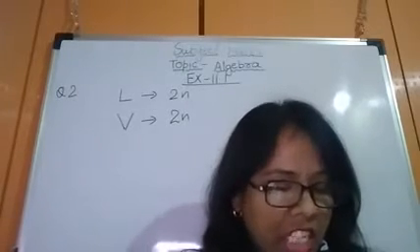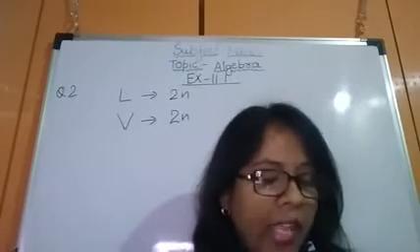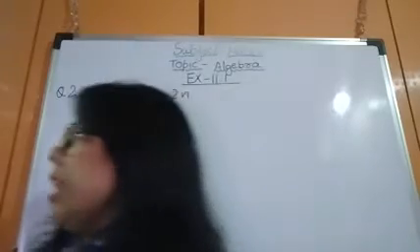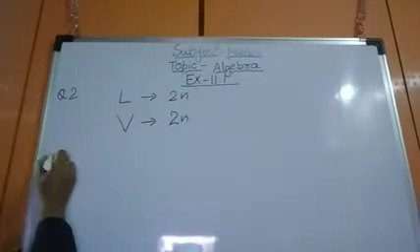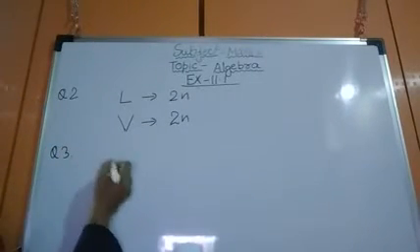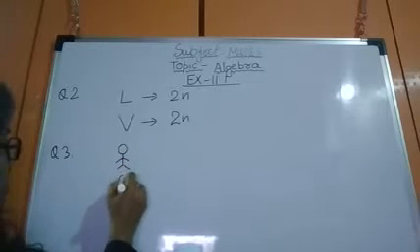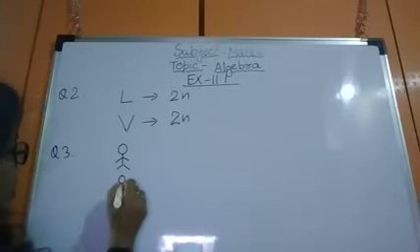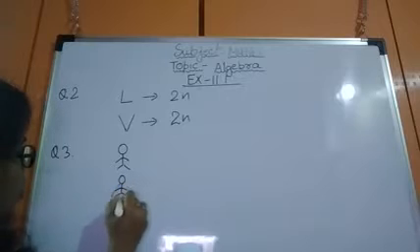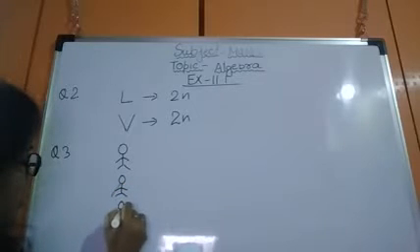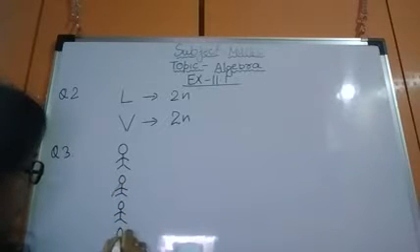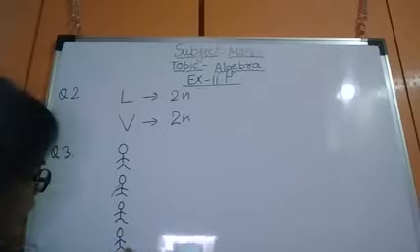Cadets are marching in a parade. There are 5 cadets in a row. In a row, how many cadets are there? Question number 3. In a row, 5 cadets are there. 1, this is 2, this is 3, this is 4.